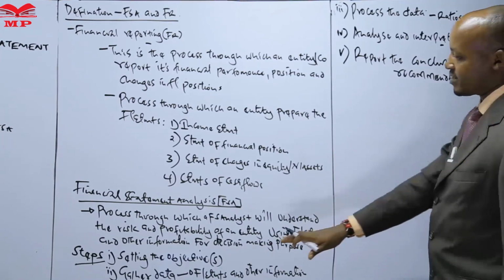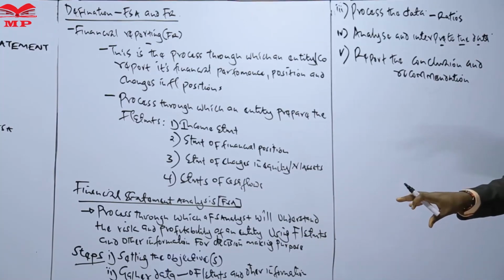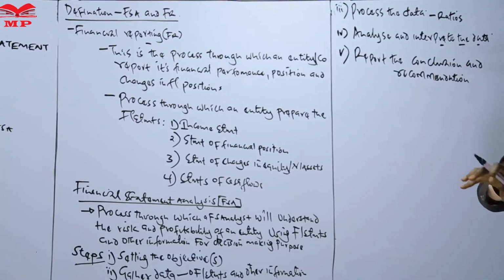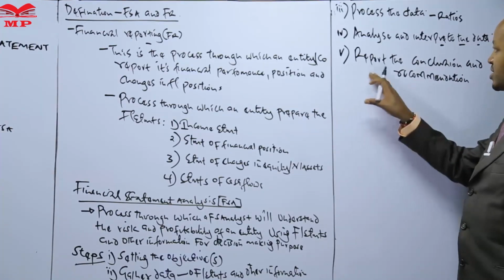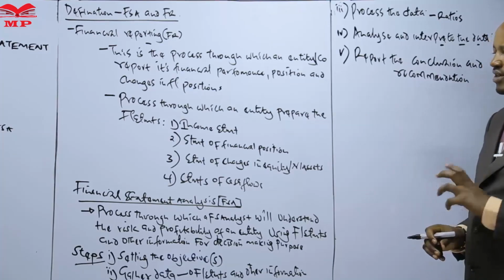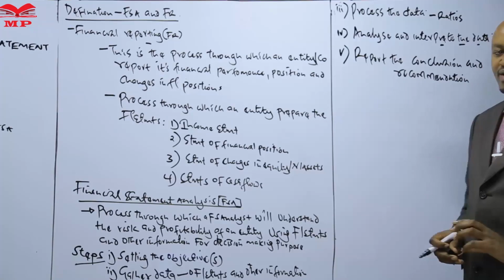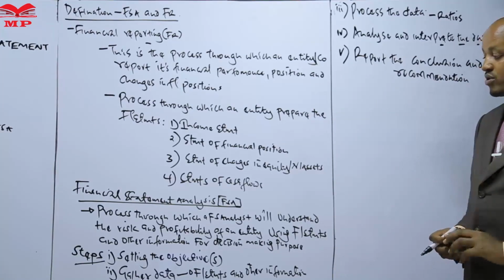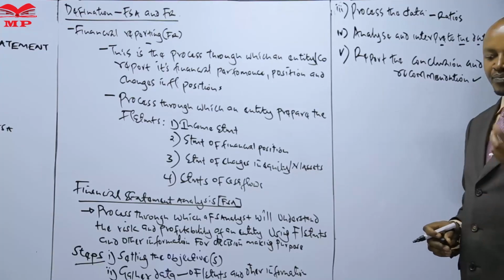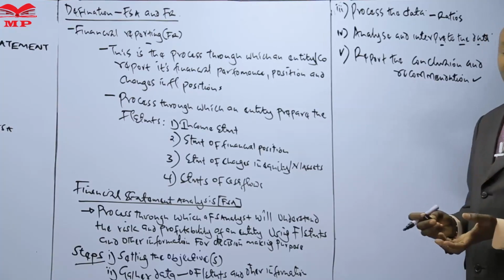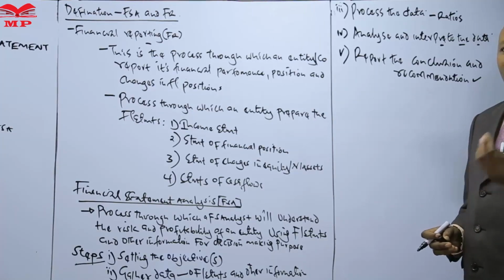Remember, in the first step, what we have said is that the financial statement analyst will need to identify the objectives of doing his analysis. Now, in this particular step, because in most cases the financial statement analyst will be doing that on behalf of another person, for example, a potential investor, he will be required to report to such a person on whose behalf the analysis was done what his conclusion is, and he can also give a recommendation.